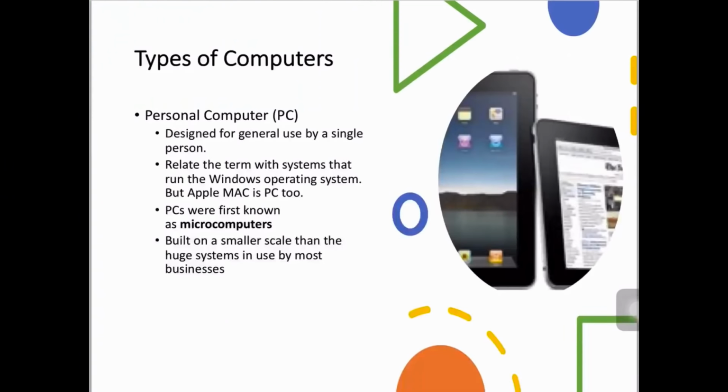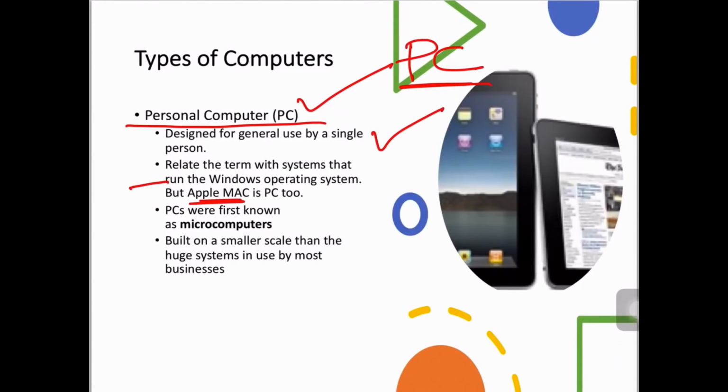Now, types of computers. We have the personal computer, and you often see the word PC, personal computer. Normally, PCs are designed for single person use, right? Examples of PCs could be the Mac, Apple Mac is a PC too.